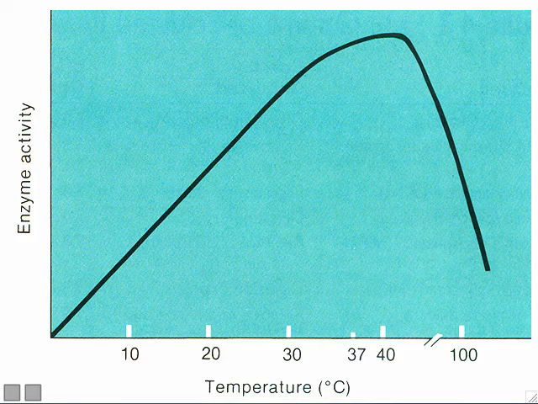Well, we've now talked about how pH affects enzyme activity and also how temperature affects enzyme activity. The next thing we're going to talk about that can affect enzyme activity are mutations in the gene that encodes the enzyme.